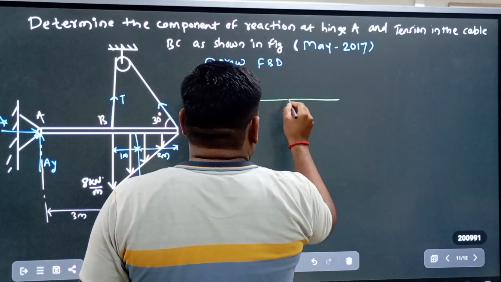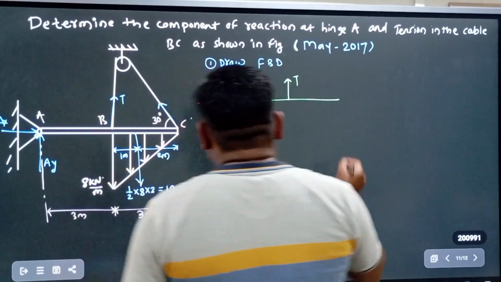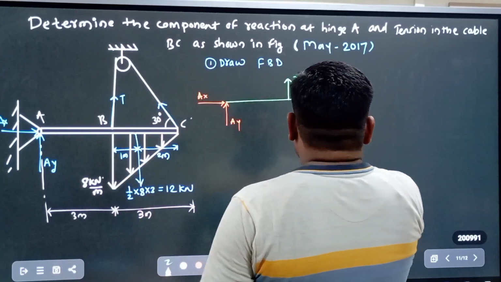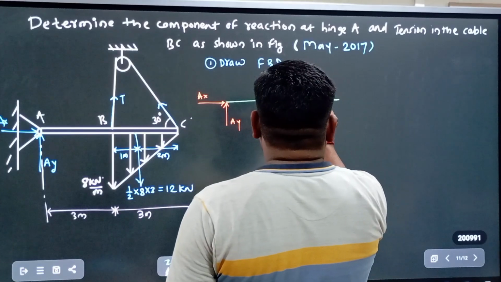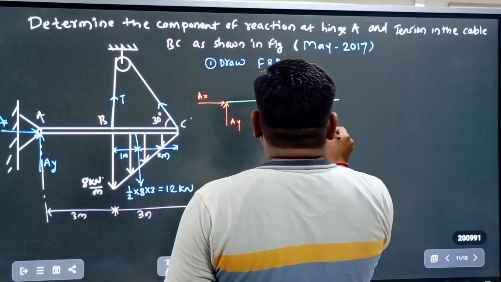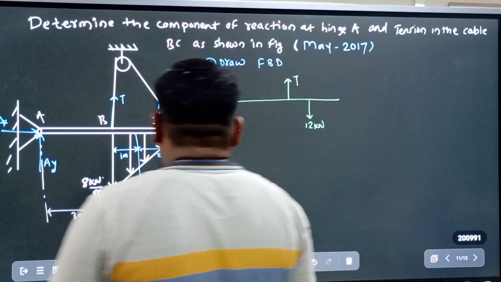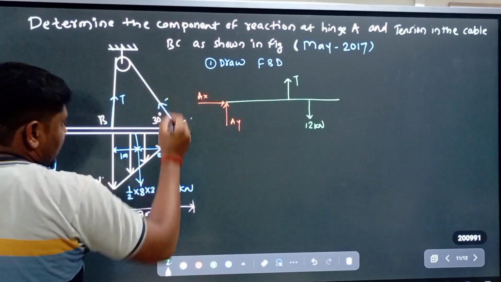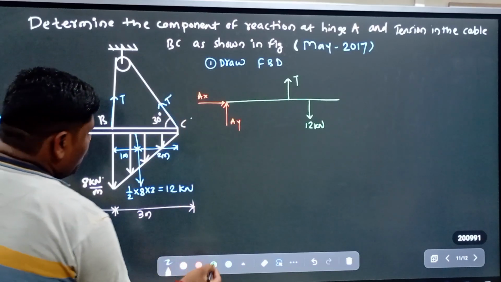The vertical load at a distance of 3 meters will be the tension. Then the UVL load is at a distance of 2 meters from here, and 1 meter on the other side, acting in the downward direction, 12 kilonewton. And most important, this tension T is acting at an angle of 30 degrees, so we have to resolve it.